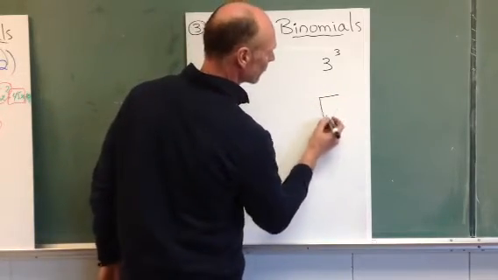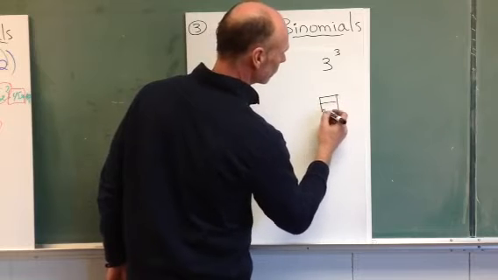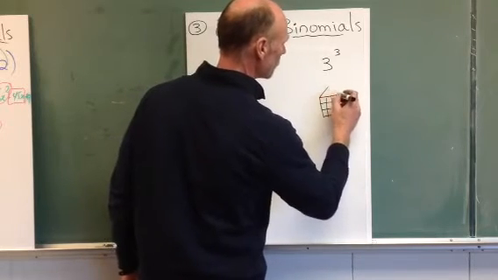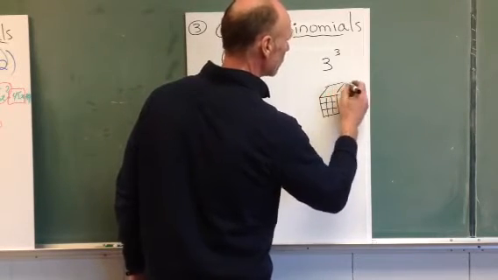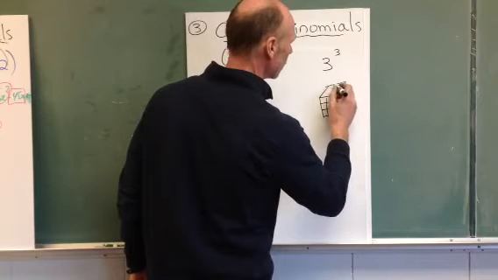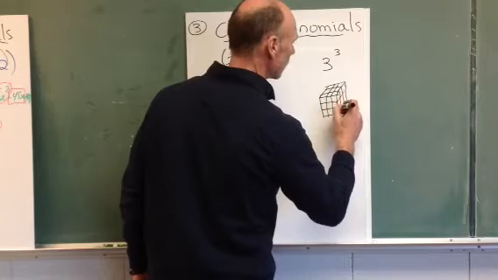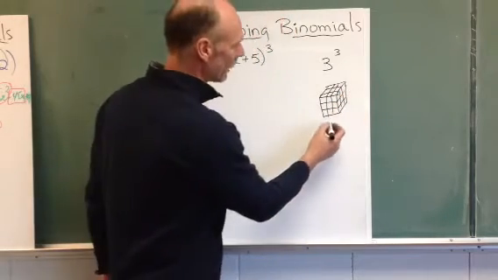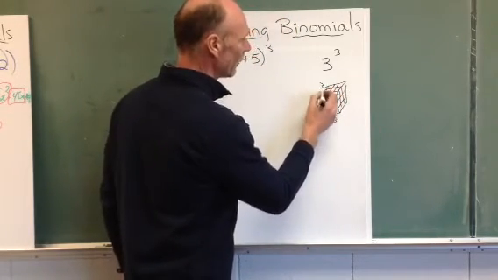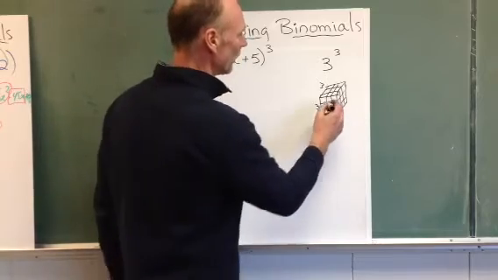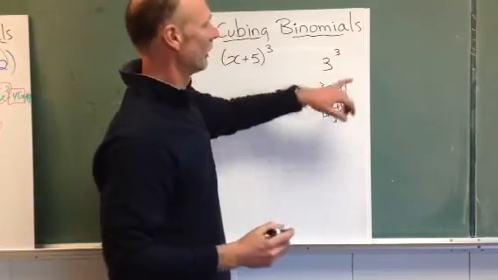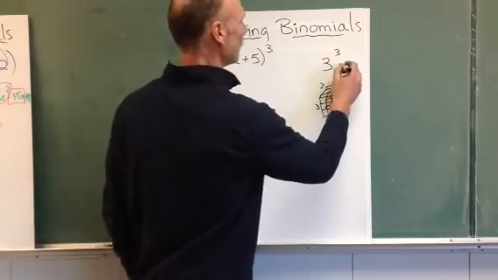So this could be looking something like this. There's a square. Kind of like a Rubik's Cube. Every dimension, 3 by 3 by 3. How many cubes would there be? 27. 3 cubed is 3 times 3 times 3, which is 27.